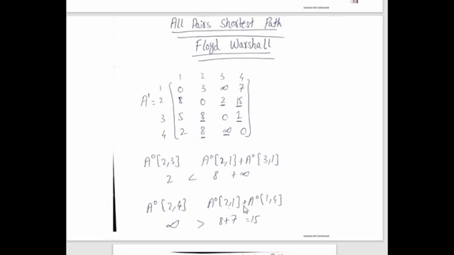The distance in A naught from 2 to 4 is infinity, and A naught 2 to 1 is 8, plus A naught 1 to 4 is 7. So 8 plus 7 is 15, and the other is infinity. Which one is smaller? 15. So we will consider this smaller value and write it here. So the distance from 2 to 4 is 15.